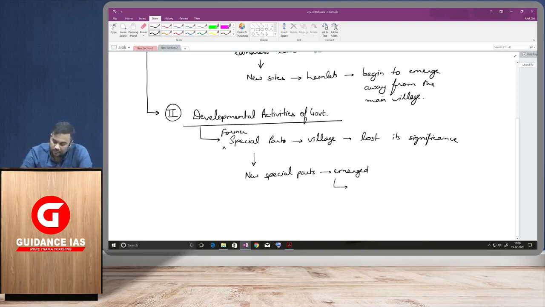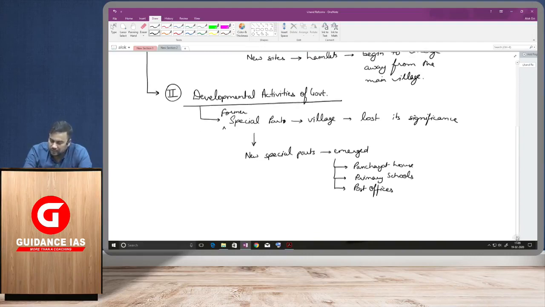These can be, as we said, the panchayat house. This can be other things like primary schools, and post offices are very common.